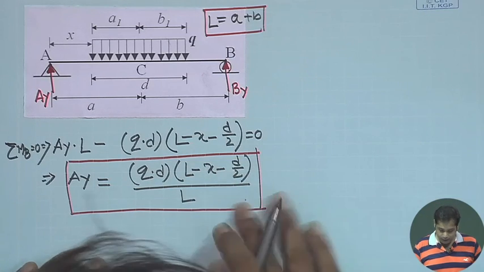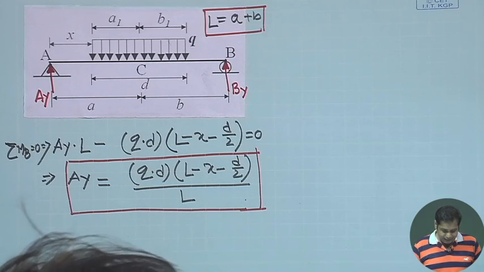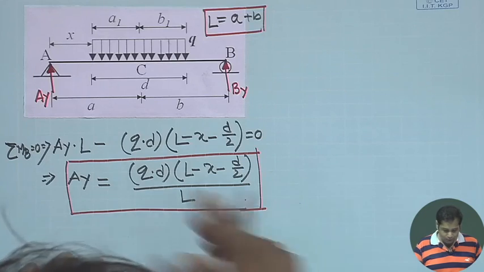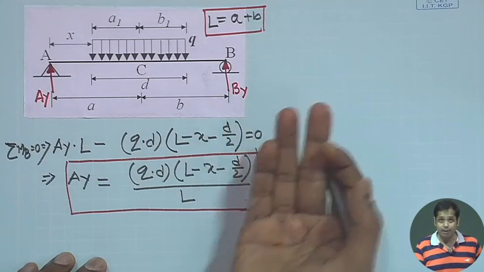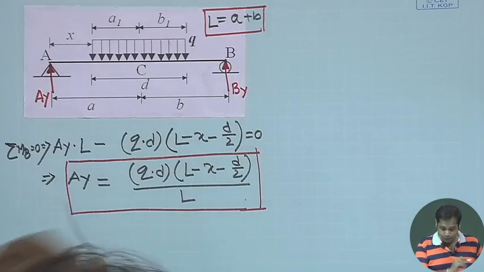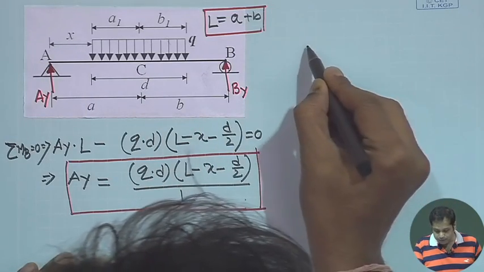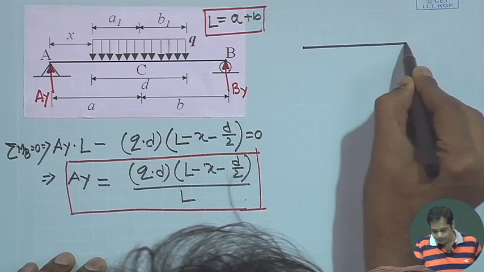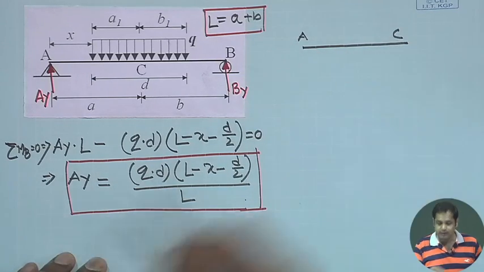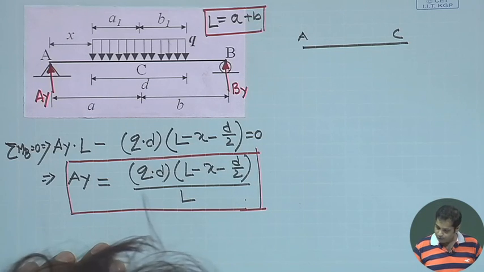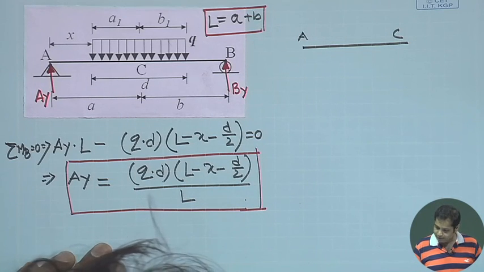Now, let us take the free body diagram of this part AC, because we need to find the bending moment at C. This point is A and this point is C. What are the forces we have at A?